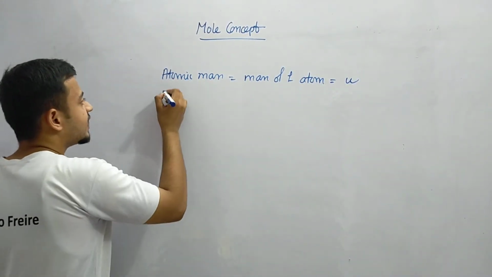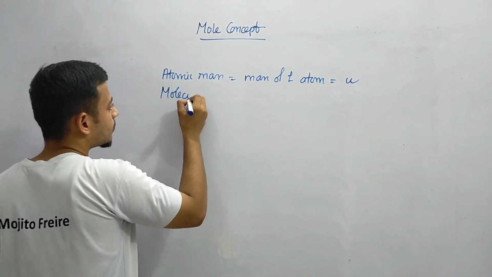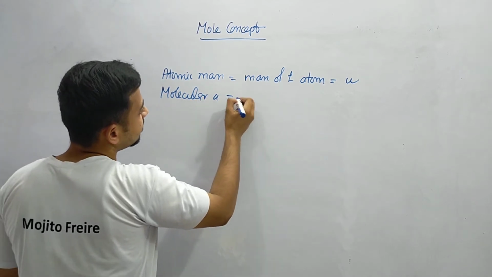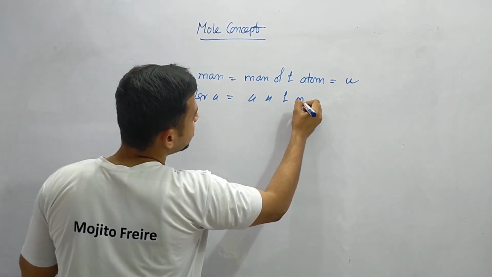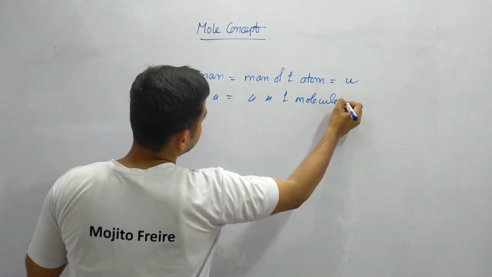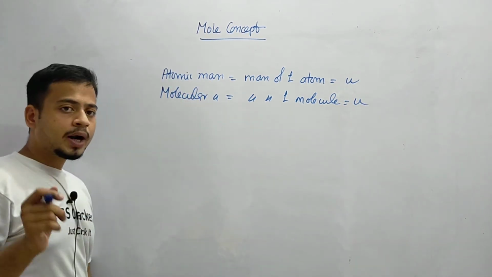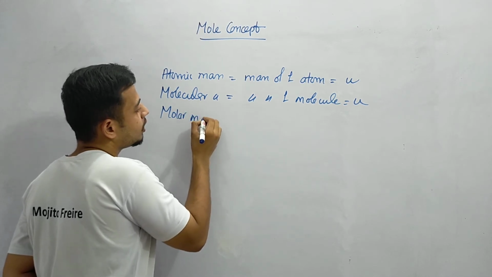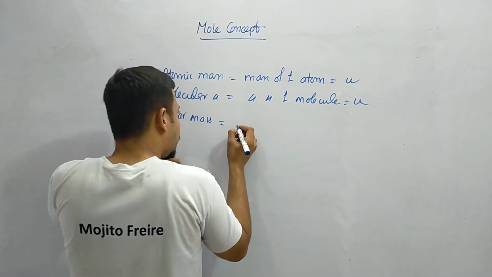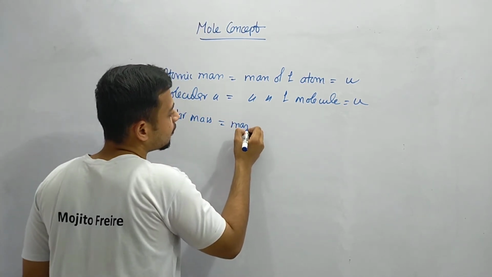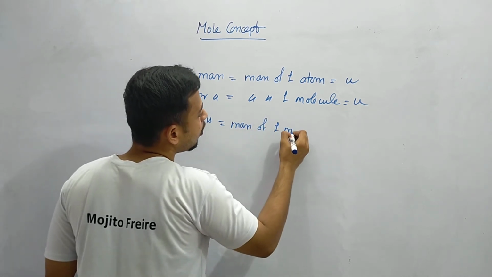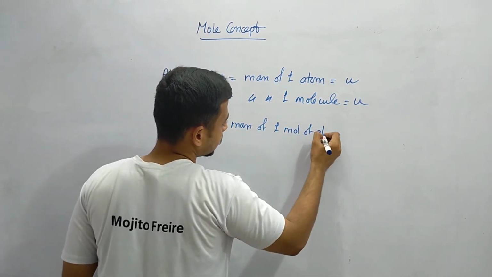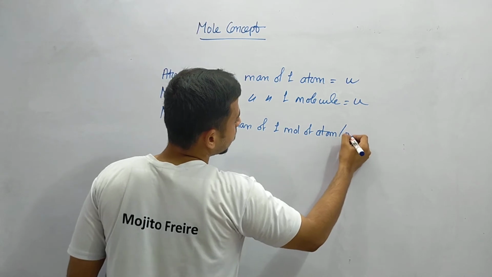But if I say molecular mass, it is the mass of one molecule, simple. It is also calculated in U. But what is molar mass? Molar mass is equal to the mass of 1 mole of atoms or 1 mole of molecules.